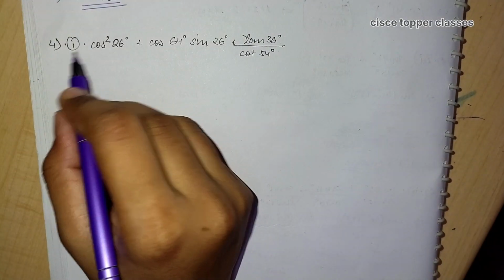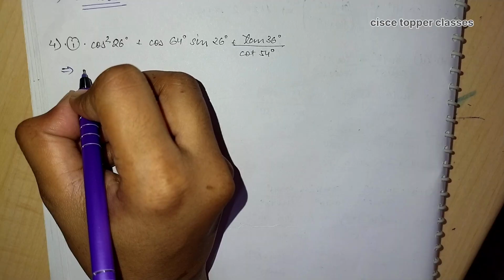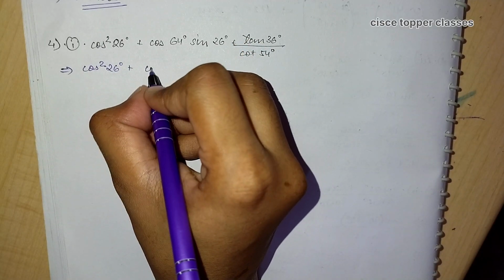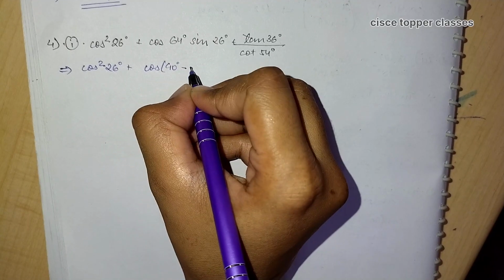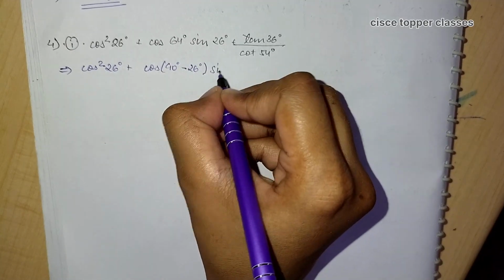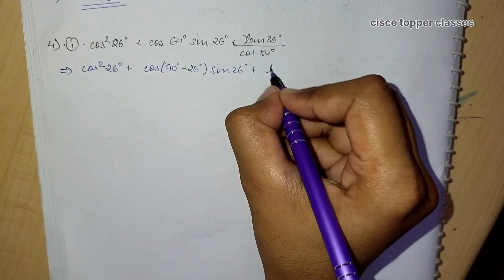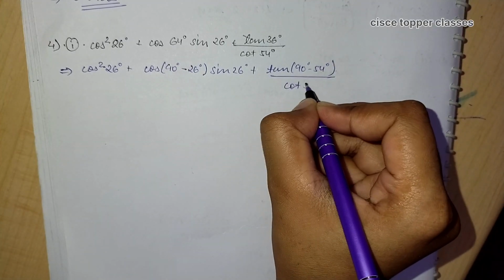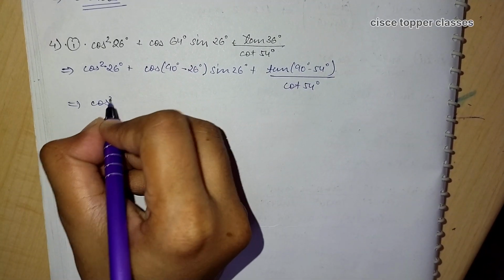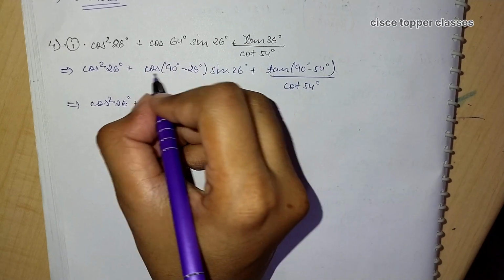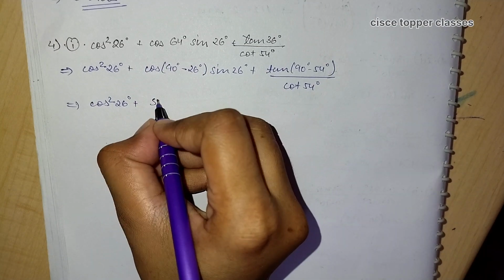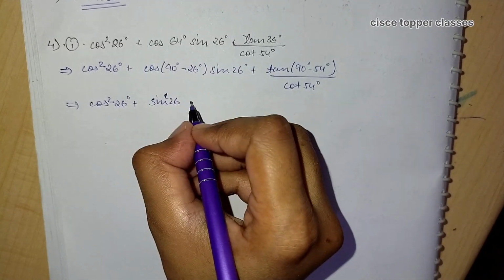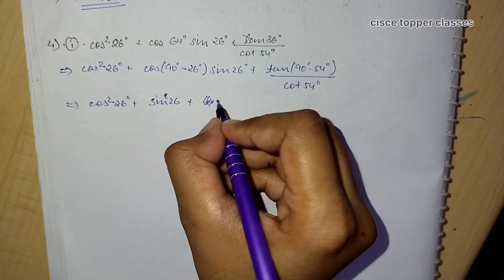Let us solve question number 4 first part. So cos square 26 degree here. This will be cos square 26 degree plus cos 64 degree, we can write cos(90 - 26) degree, and here sin 26 degree. Tan 36 degree we can write tan(90 - 54) degree divided by cot 54 degree. So this will be cos square 26 degree plus, cos(90 - theta) is sin theta, so it will be sin 26 degree, and it will become sin square 26 because it is multiplied, plus tan(90 - theta) is cot theta.